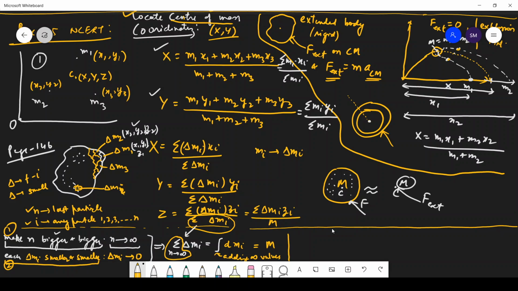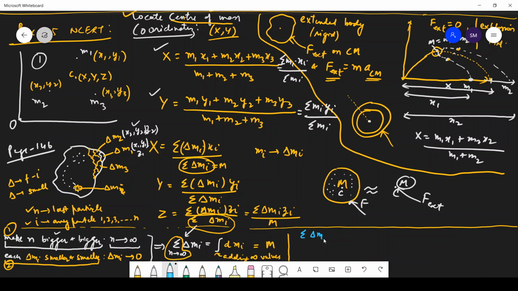Now how are you going to write the other things? This thing you have understood; you can write it as equal to capital M. Fine. Now how are you going to write this sigma delta mi xi, when n tends to infinity and delta mi becomes smaller and smaller?